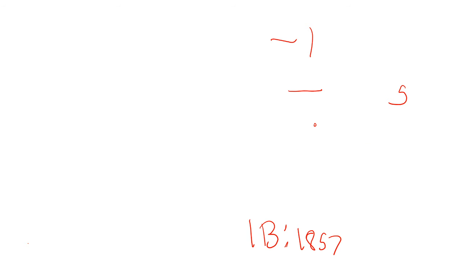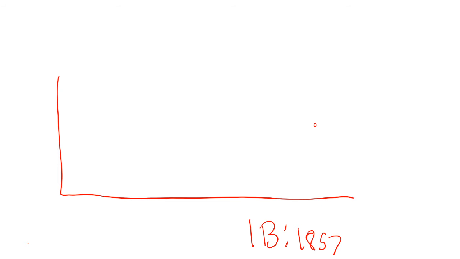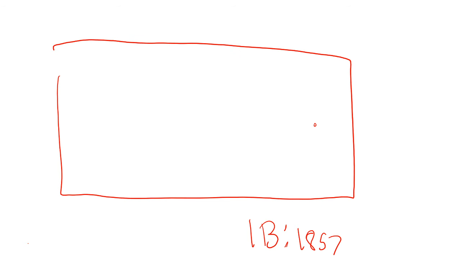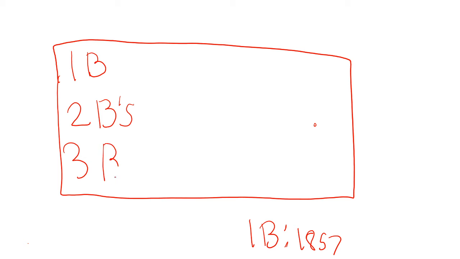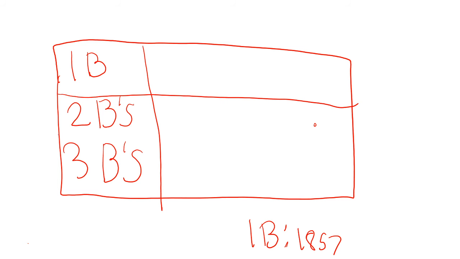We're going to keep our information there so that we have an idea. So I'm going to draw a rectangle. That's our first step. And within this rectangle, we're going to draw a diagram, and I'm just going to record my results in the table.